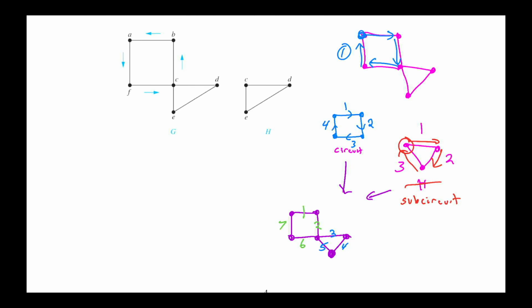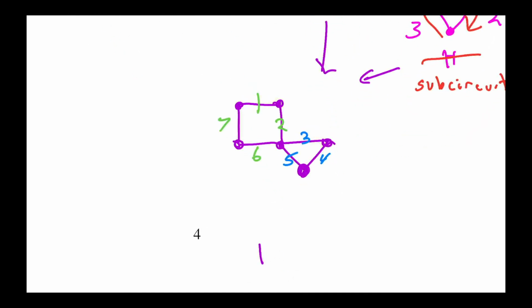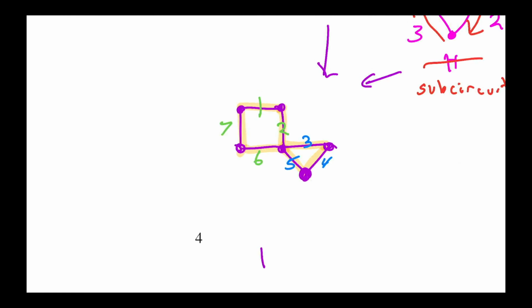So if we just highlight it, you go here, then here, then here. Oops, I hate the way that works. So you go here, then here, then here, then here, then here, then here, then here. And that's your Euler circuit. Okay.